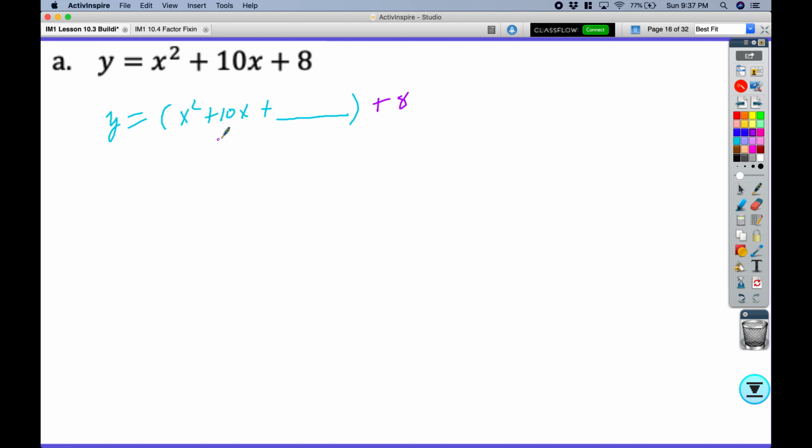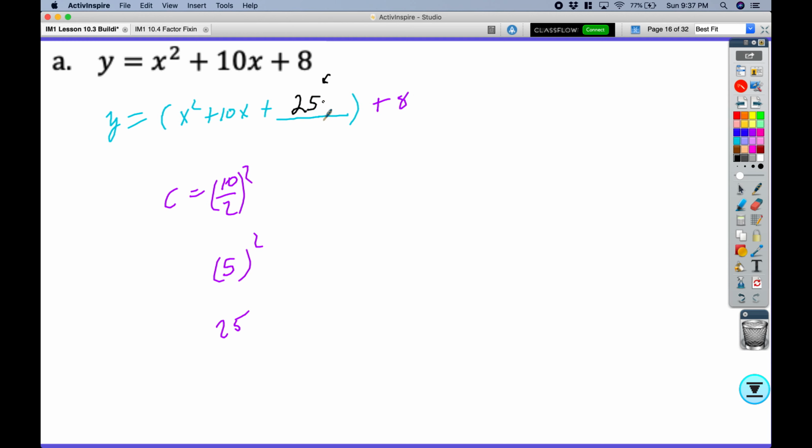Okay? So now what needs to be this c value in order for this to be a perfect square? Well, that is when I do my 10 over 2, which gets me 5. And we're going to take that to the second power, which would give me c equals 25. So I know that c is 25. I'm going to put this right here. Uh-oh, my equation is completely unbalanced. Good news, I can make this into a perfect square, but it's not balanced. You just added 25 there. You can't just do that.